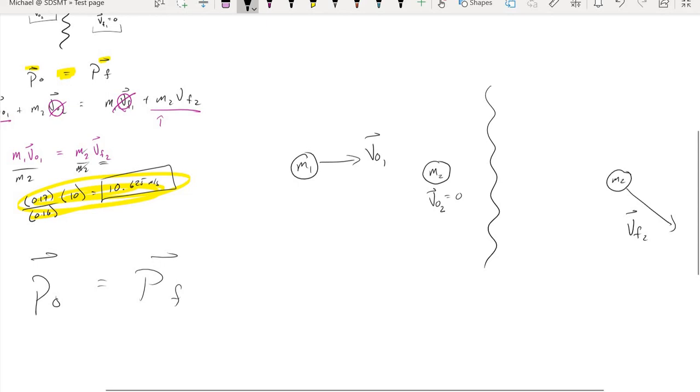The cue ball could be deflected up and to the right. It could be deflected up and to the left. But in this case, I'll just pick a direction that cue ball is going to travel after the collision.